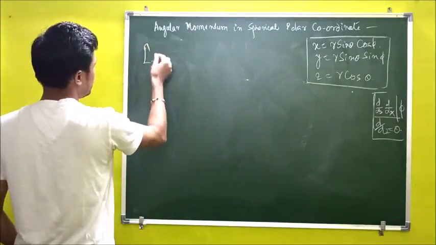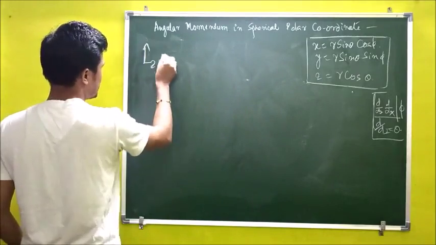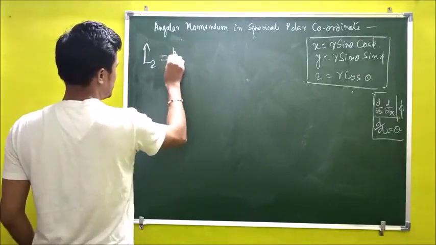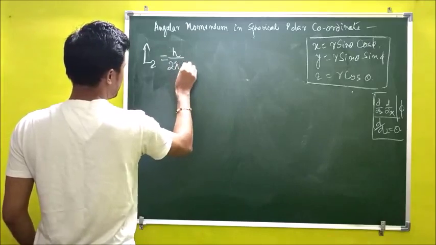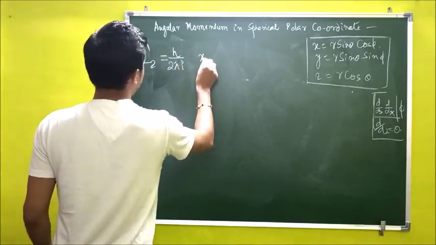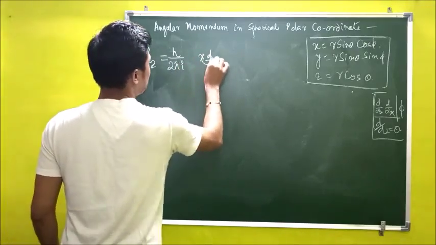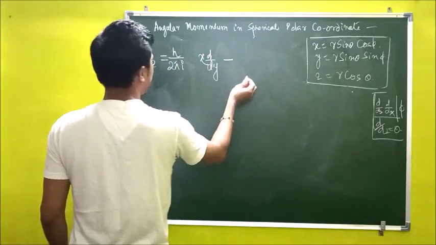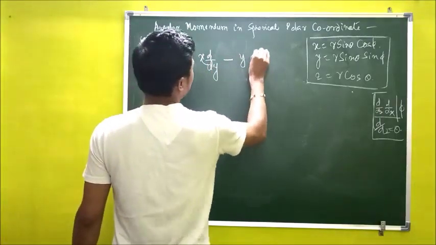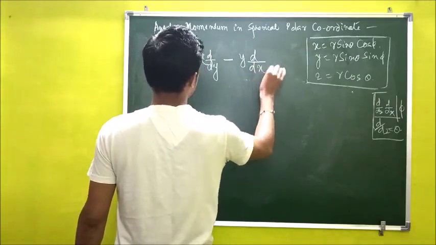L of z, that is angular momentum along the z-axis, this operator is given by h by twice pi i, x into d of y minus y into d of x.